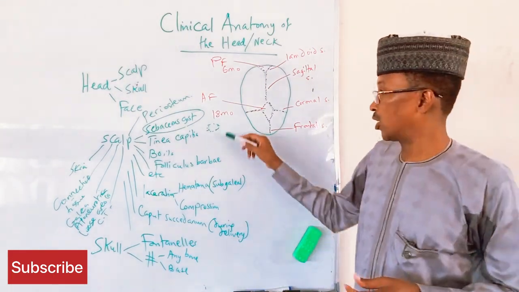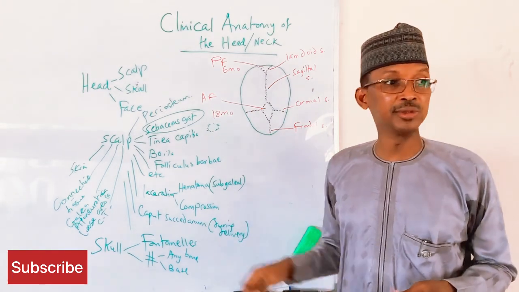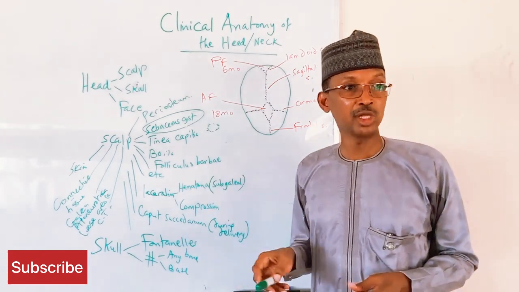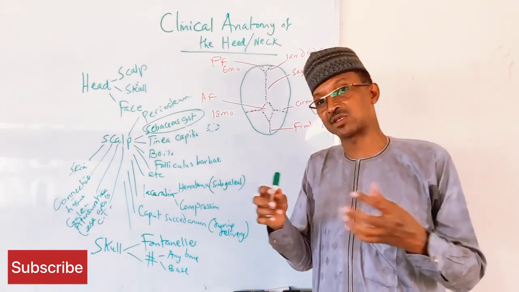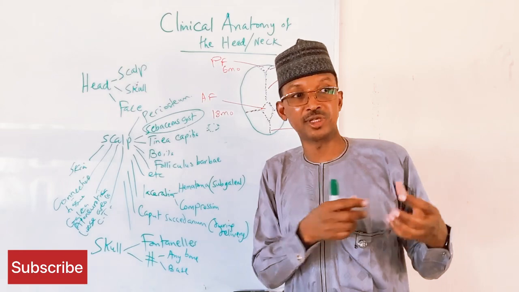You get it? This round-like infection around the scalp is what we call tinea capitis. You may also have boils. The boils are rashes of the scalp that have some pus inside them.